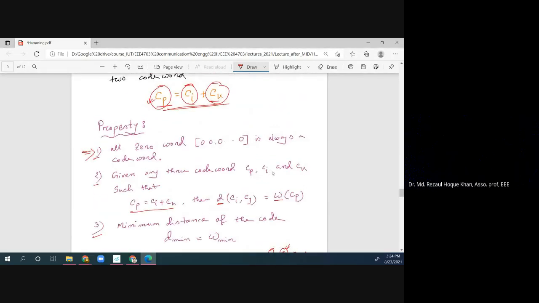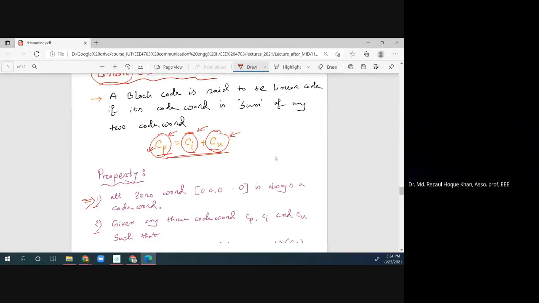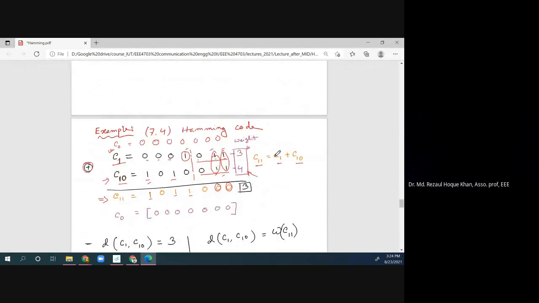This means that the summation of two individual block codes, C1 and C10, will create C11 as another block code.